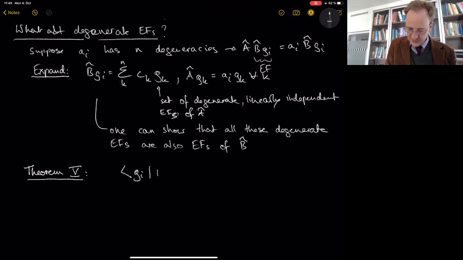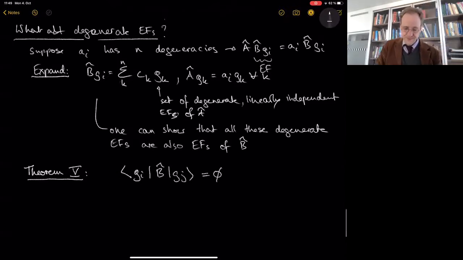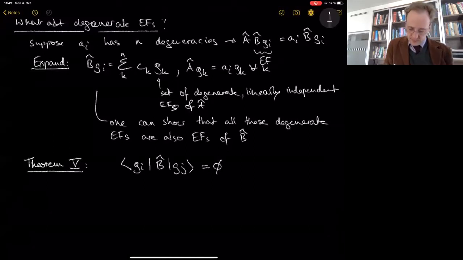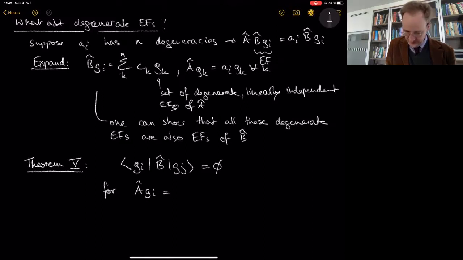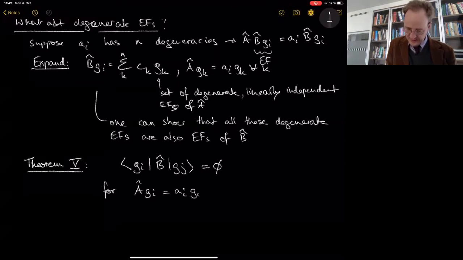The expectation value of B is 0 for A GI equals AI GI.